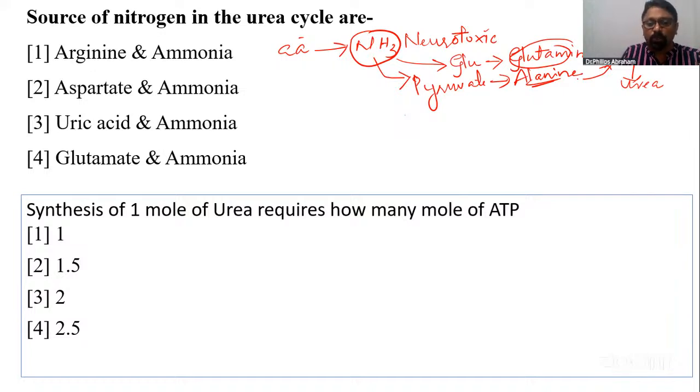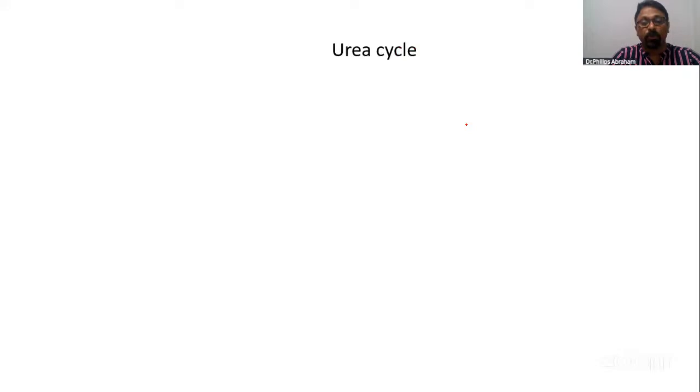So one source of ammonia for the urea cycle is ammonia itself. Another source, I'll show you. Anyway, I'll go to the urea cycle and you'll understand it. Let me go for the answer. This is the urea cycle, which takes place in the liver and is used to detoxify ammonia.